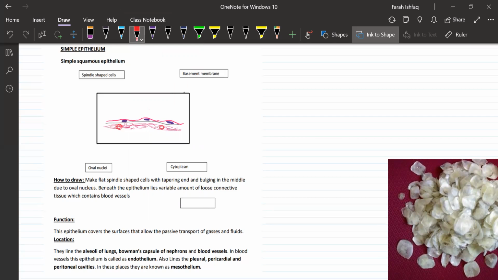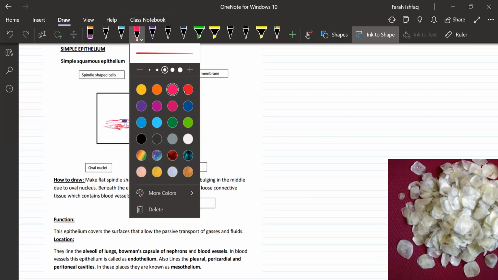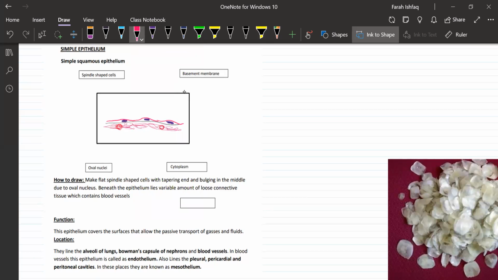One point to remember, you have to fill in the cytoplasm also. Okay, so this is how you will draw the simple squamous epithelium.